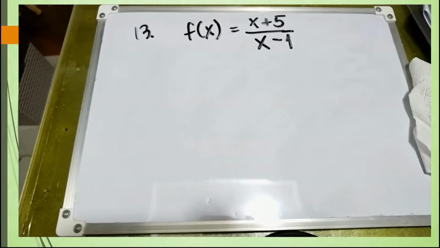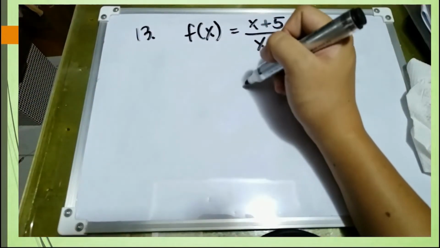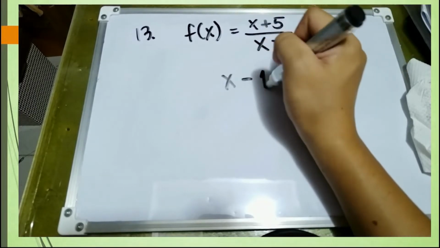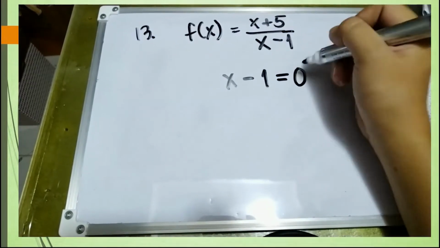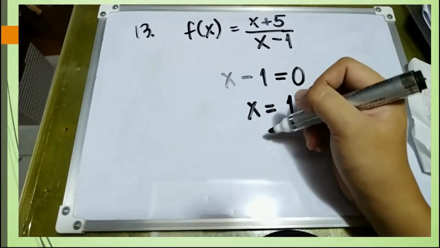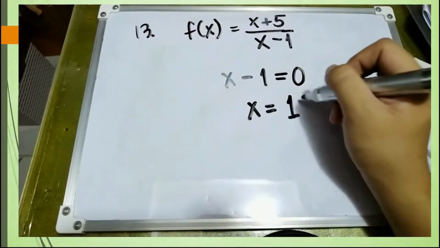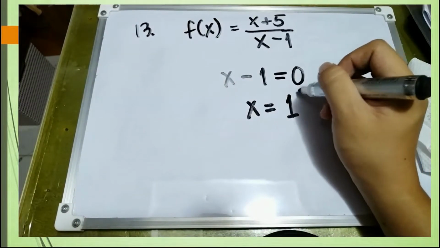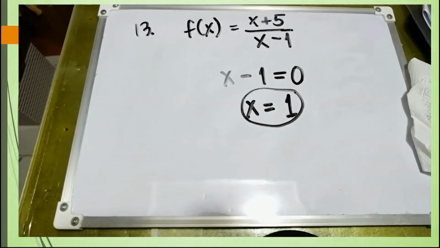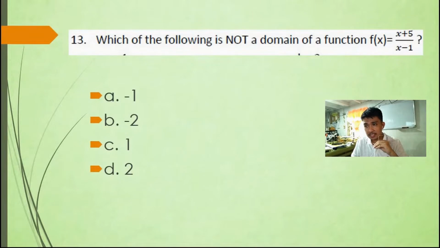So the denominator should not be equal to 0. So x minus 1 is equal to 0. So x is equal to positive 1. So therefore, the answer is x is equal to 1. Now the answer is letter C, 1.